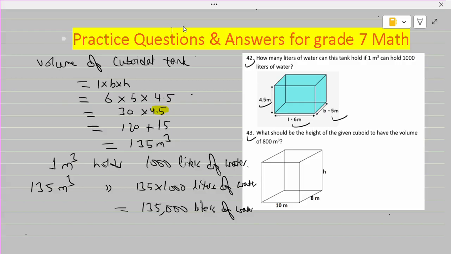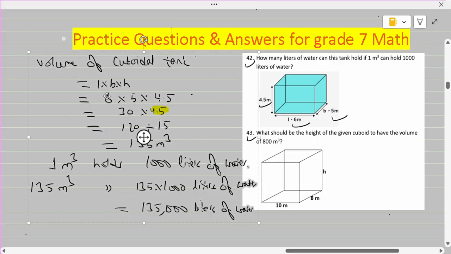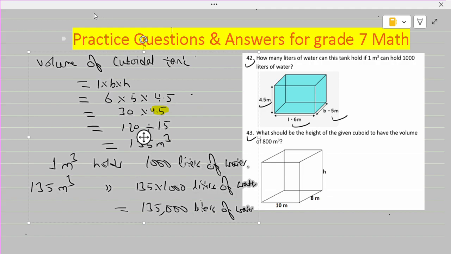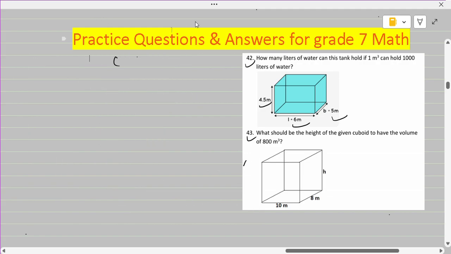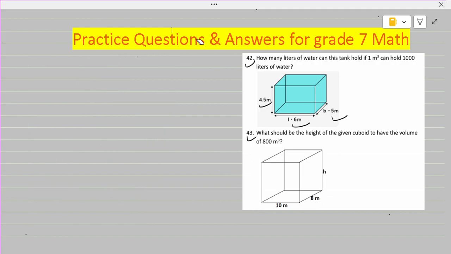So let me make this clear first. To make number 43 clear, it says: what should be the height of the given cuboid to have a volume of 800 meter cube?